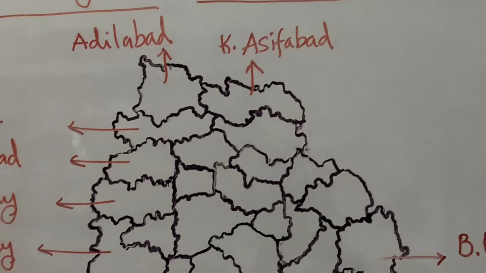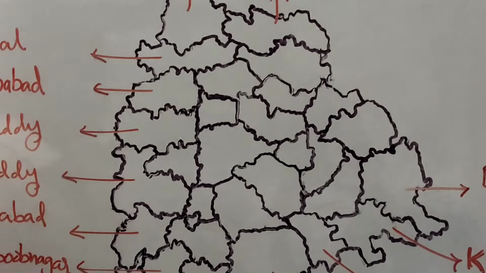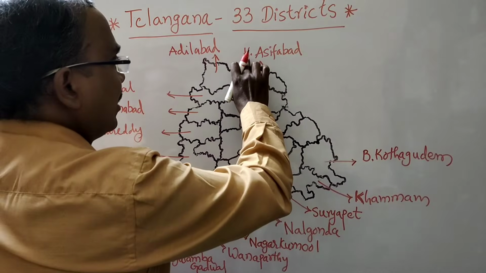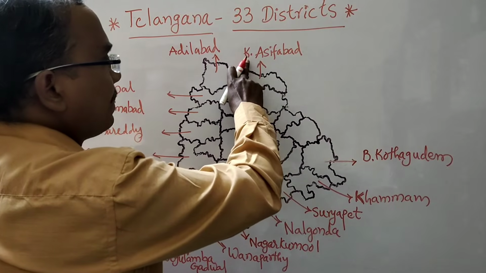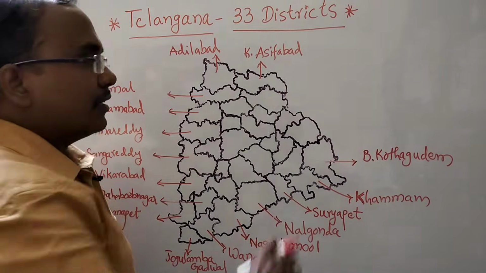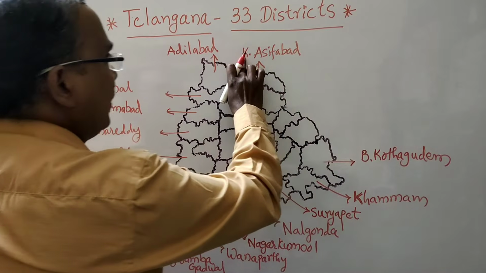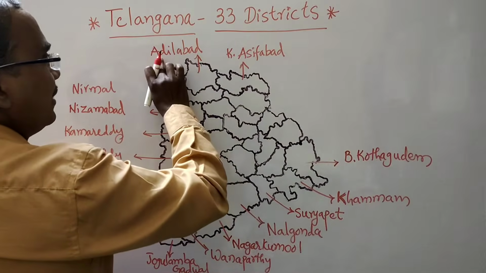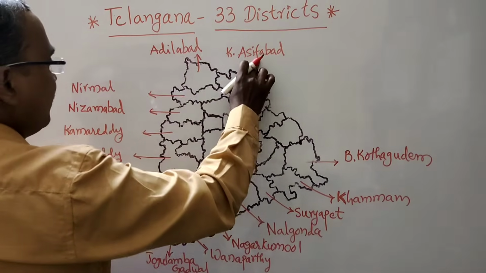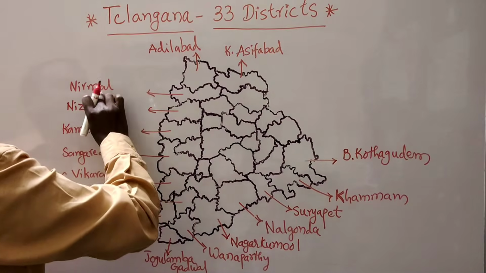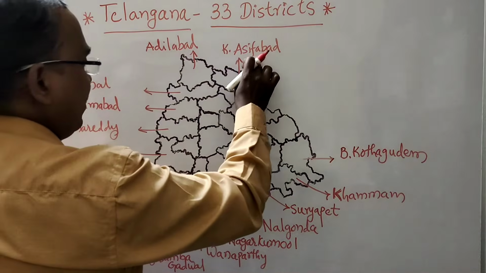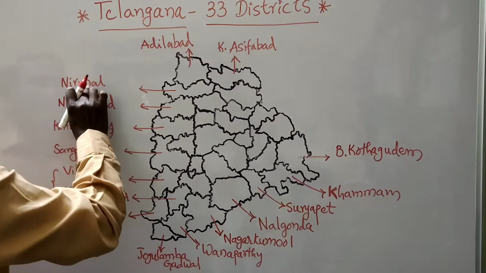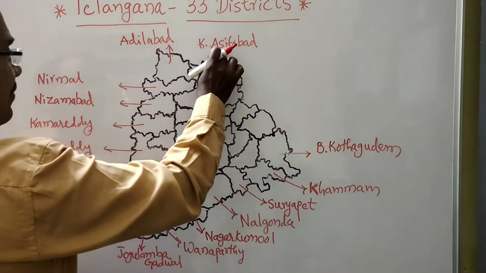The Asifabad district is named after a revolutionary tribal leader from Telangana, Komrambim. So these two districts are Adilabad and Asifabad. Nizamabad, Nirmal, Adilabad, Asifabad.